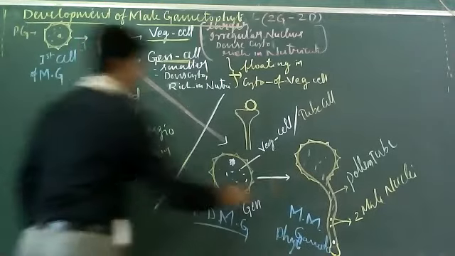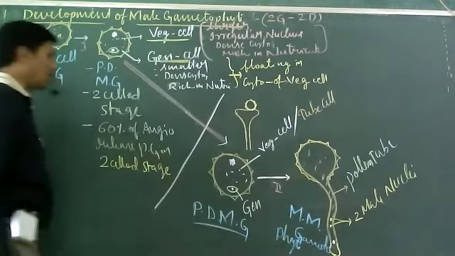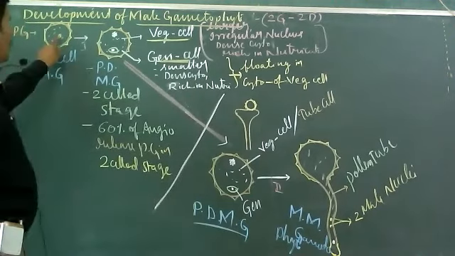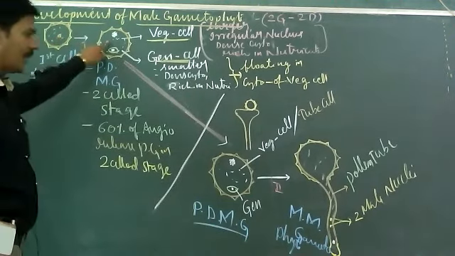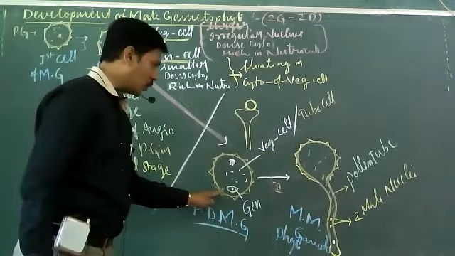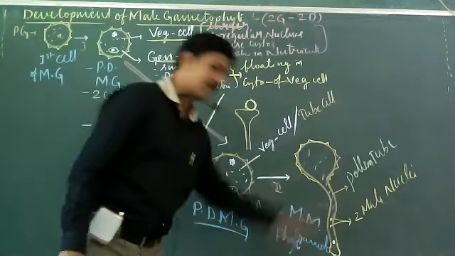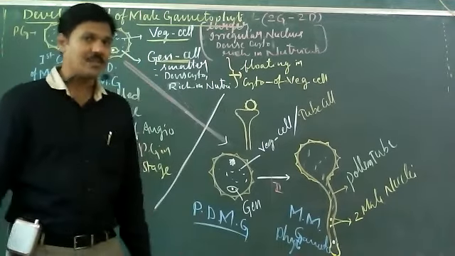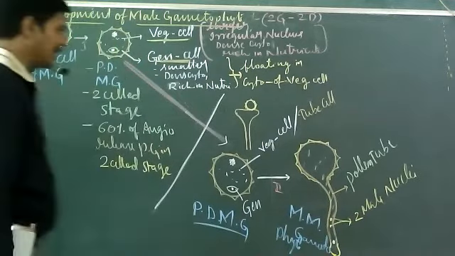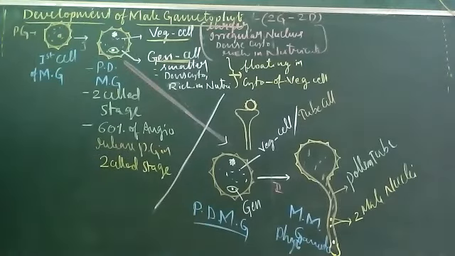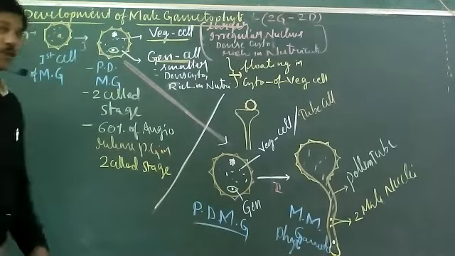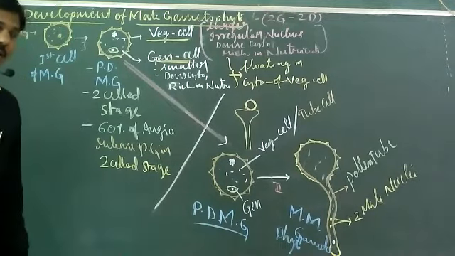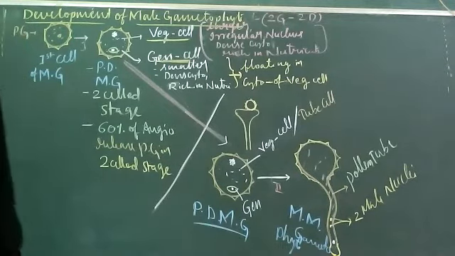And 2D, 2 divisions. Nucleus one time divided and generative nucleus divided one more time. That's why 2 generations and 2 divisions. With this, the development of male gametophyte is over, and immediately we have to start the female reproductive structure.